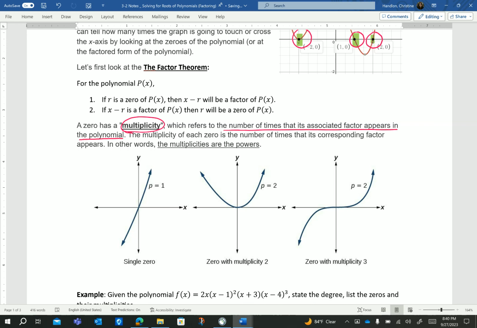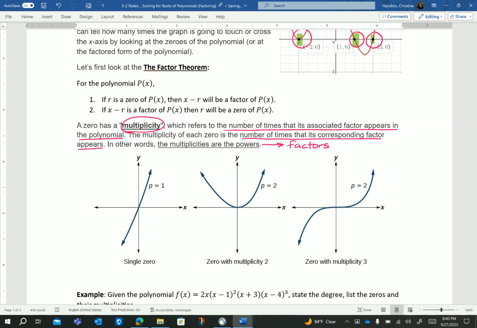The multiplicity of each 0 is the number of times that its corresponding factor appears in the polynomial. So please notice that the multiplicities will be the powers of your factors, okay? They will be the powers of your factors.